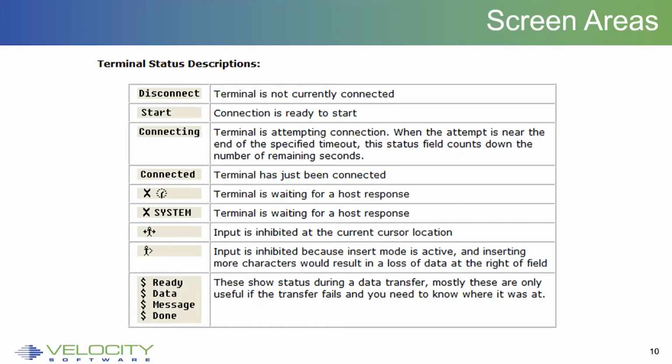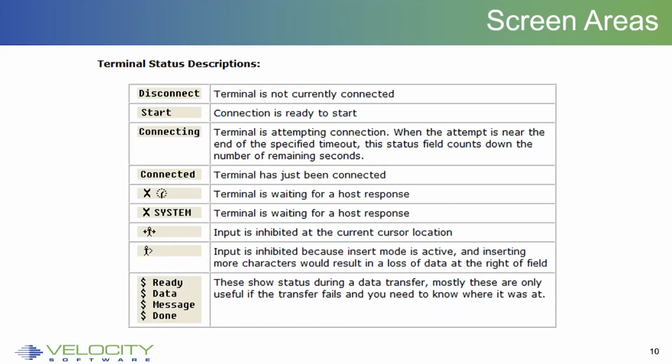The other part that is important to know about, especially, is the X System indicator. That means that the session is waiting for something. It's waiting for the host to respond to the last request that you sent. If X System stays on the status area, that means that something is delaying the response.